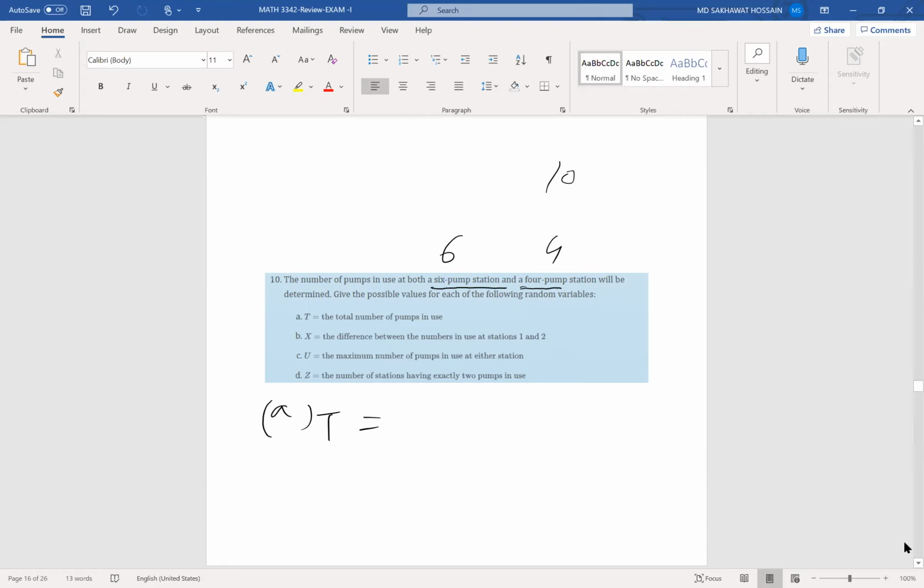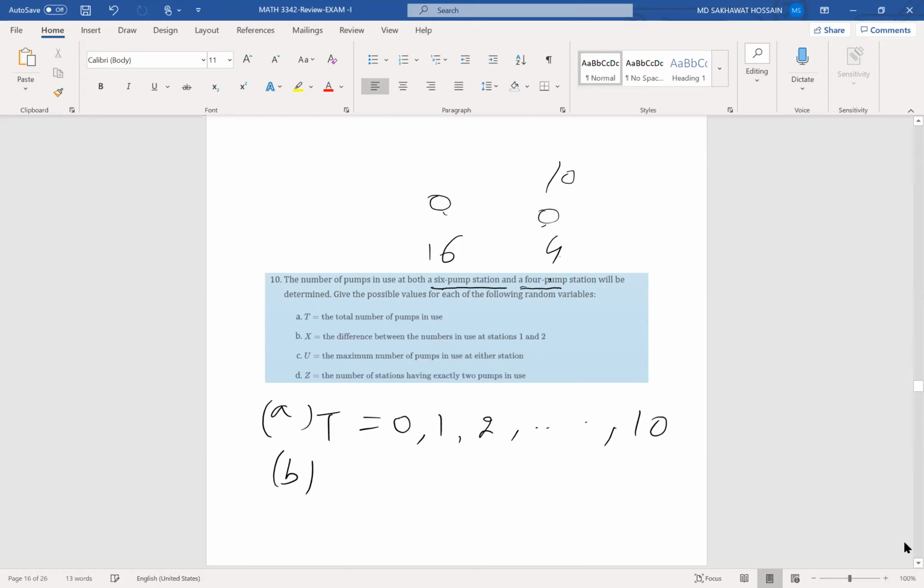If 0 pumps are in use at this station and 0 at this station, then the total will be 0 plus 0, so it can take 0. If 1 is in use here and 0 here, then it will be 1. So it can take 0, 1, 2, and if all of them are in use, then the total will be 10. So T can take values from 0 to 10.